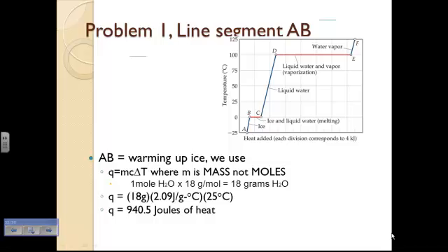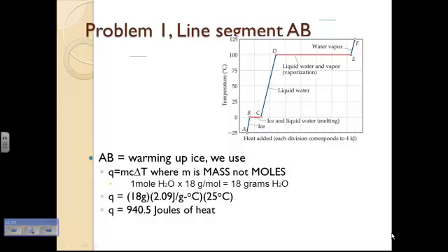The specific heat of solid ice was given to us in that first bullet as 2.09 joules per gram Kelvin. And how much did that temperature warm from negative 25 to 0? Notice the change from line segment A, B. Negative 25 to 0 is a change of 25 degrees Celsius. Now you hit that with me on your calculator.